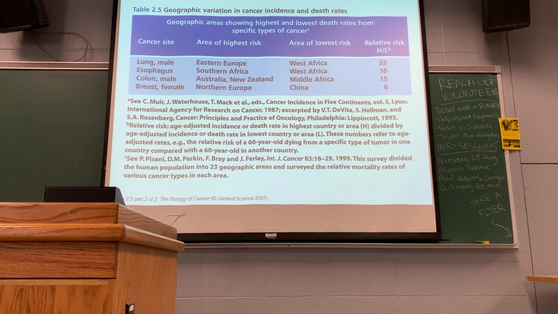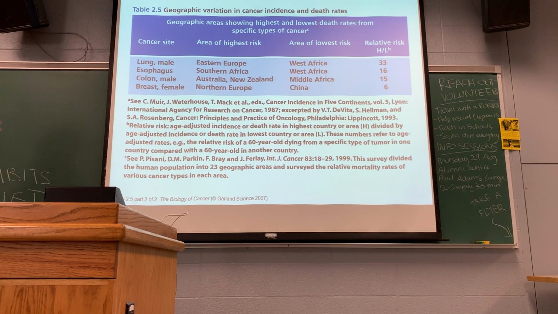Okay, reproductive habits. These are all environment. Tobacco usage. Diet. We could go on and on with the list, but you get the idea. And each of these things can contribute to your chance of getting cancer.